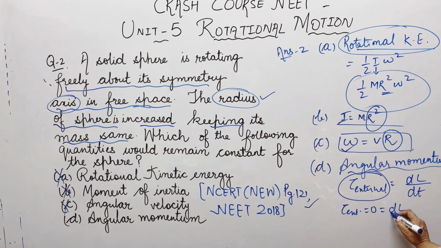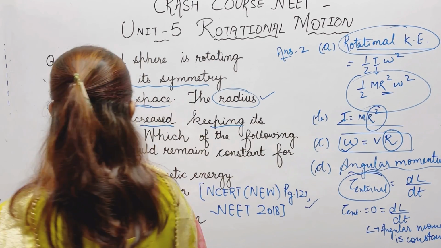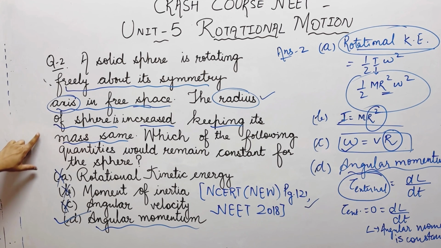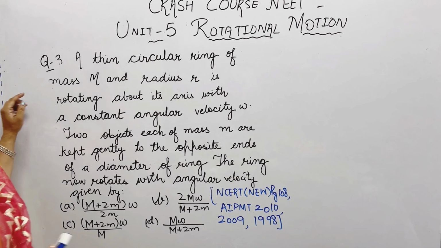This is the reason the L, that is the angular momentum, will be constant. So option D, angular momentum, is going to remain constant if the radius of the sphere is increased but mass is kept constant. So option D is the answer for the second. Let us see the third question.